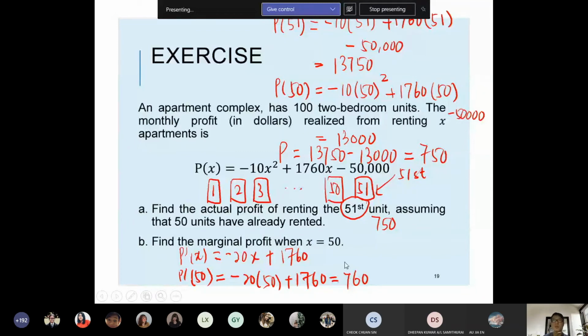So the marginal profit here is for approximation. In fact, if we are calculating very small changes, the differentiation method will give us a more accurate answer.